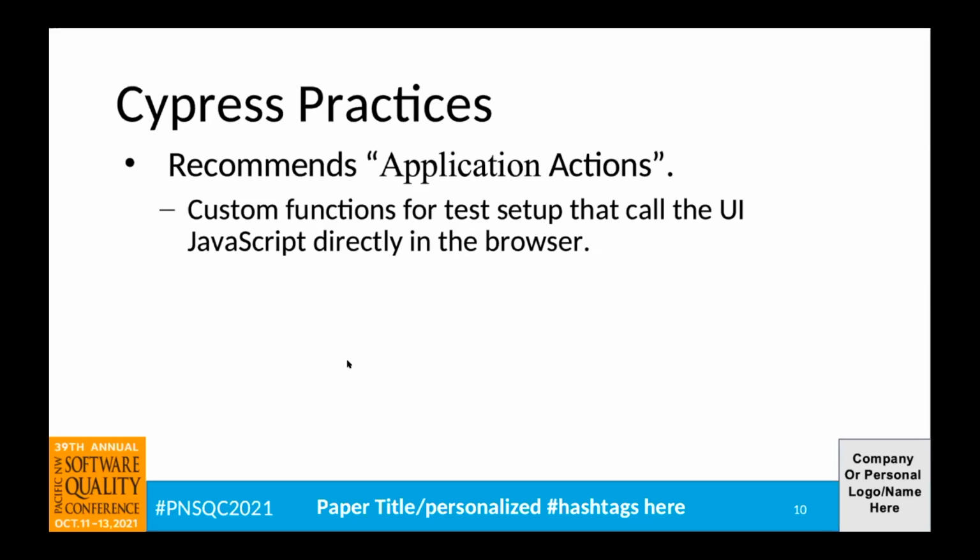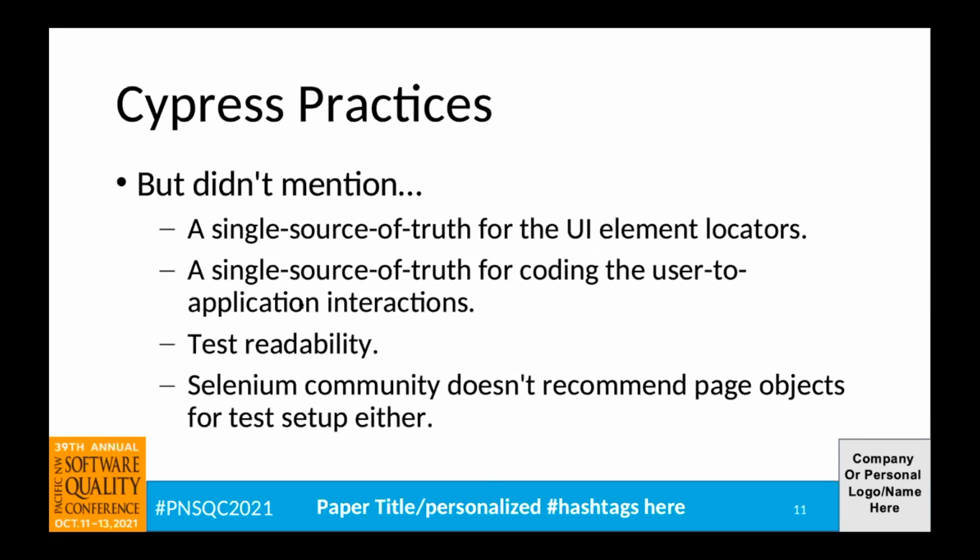And so he recommends using this technique for, say, if your test requires certain state to be set as part of the setup before the test can start running. He recommends coding it directly using application actions.